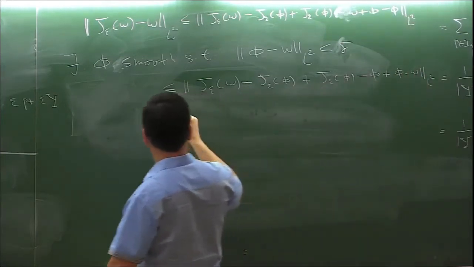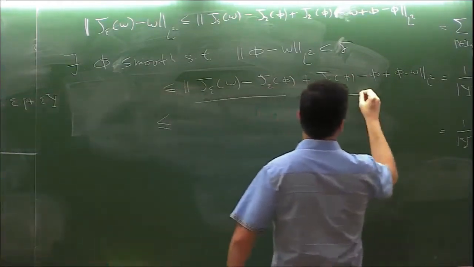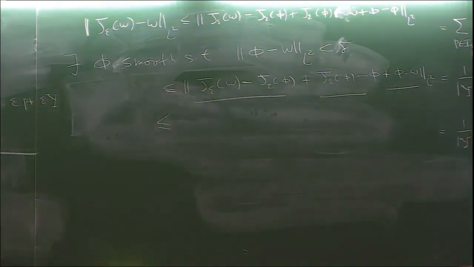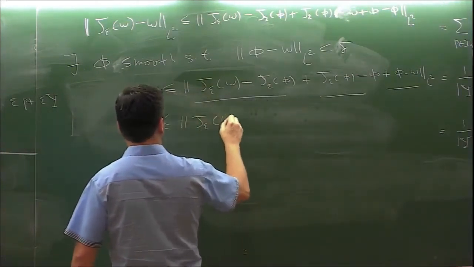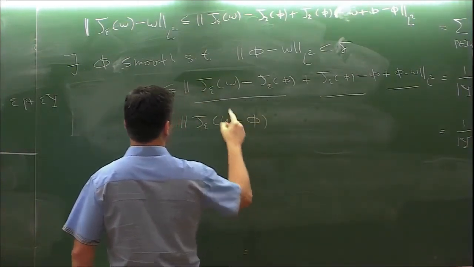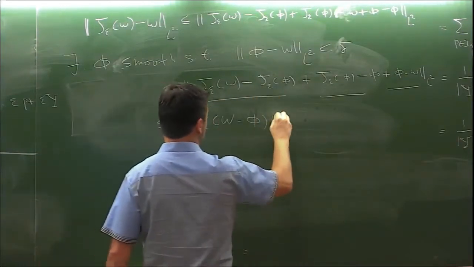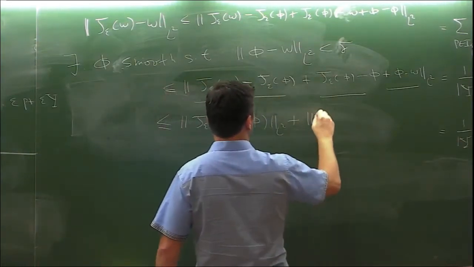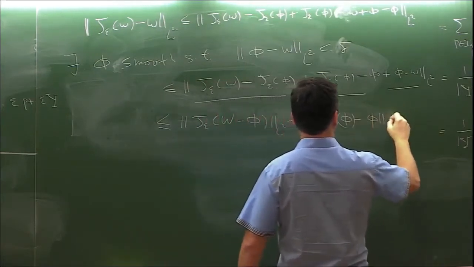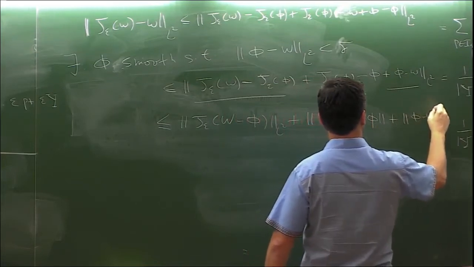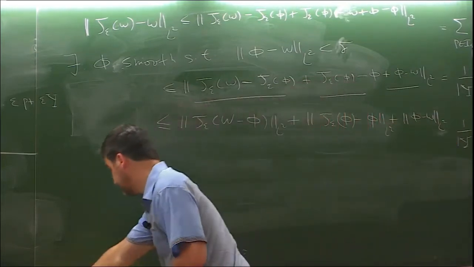Now the triangle inequality will break it into 3 pieces: T epsilon of omega minus T epsilon of phi is T epsilon of omega minus phi, plus T epsilon of phi minus phi, plus phi minus omega.